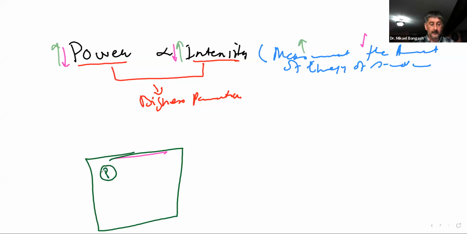This was our power button. We increased the power by turning it clockwise. That was going to increase the intensity of the sound wave. Whereas we decrease the power by turning it counterclockwise, which will mean decreasing the intensity of the sound wave.